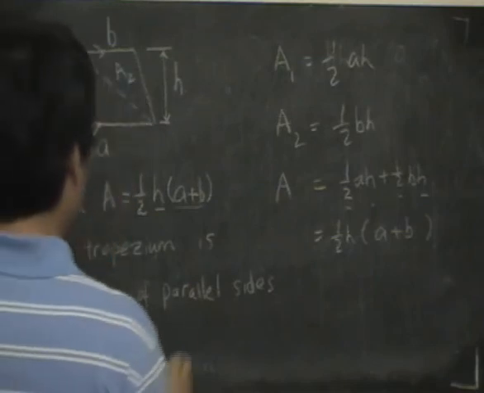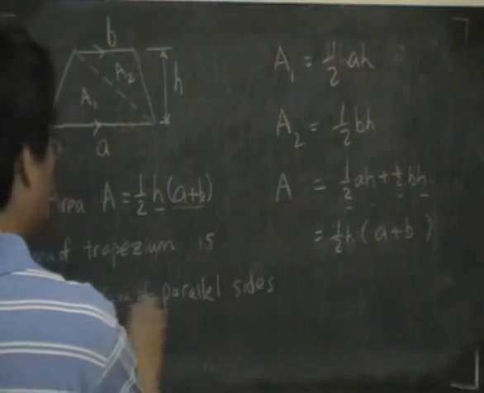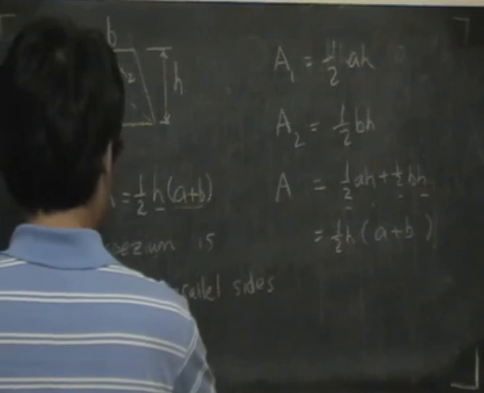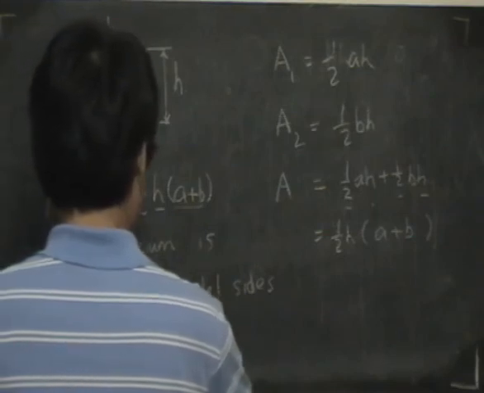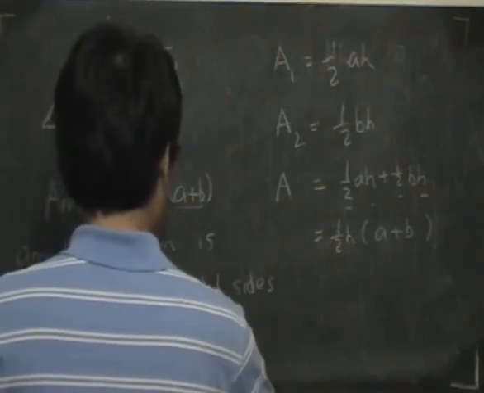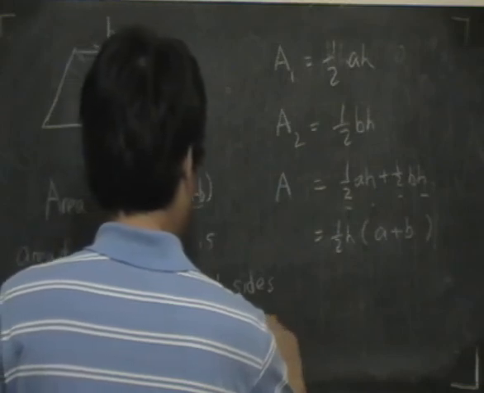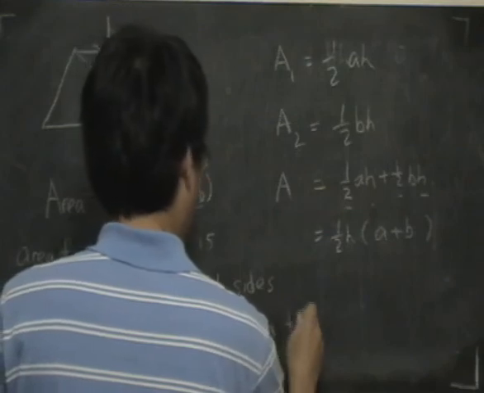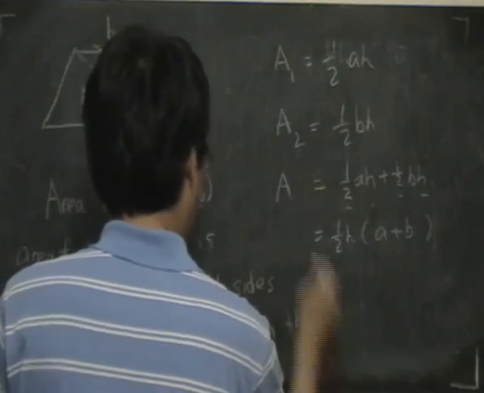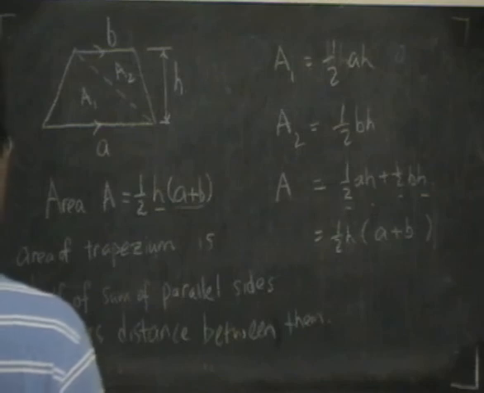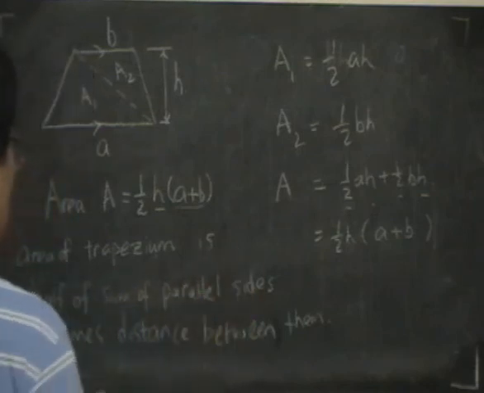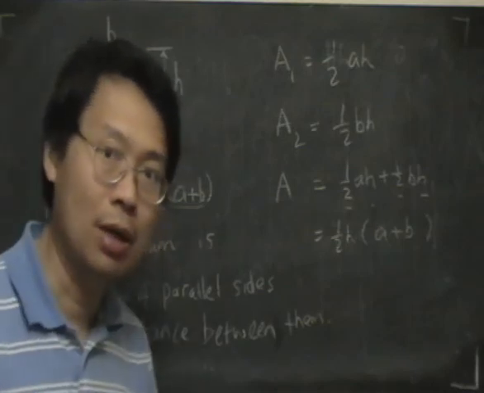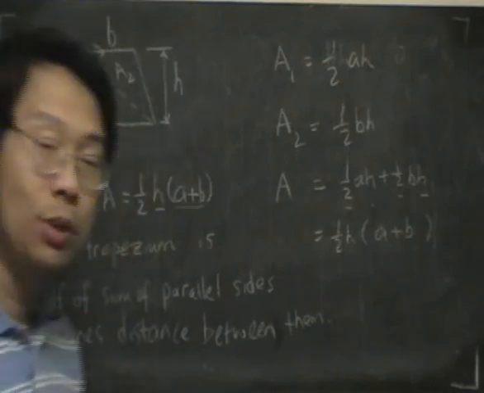So, half of the sum of the parallel sides times the distance between them. Right, so that's a good way that I find for remembering the formula for a trapezium.